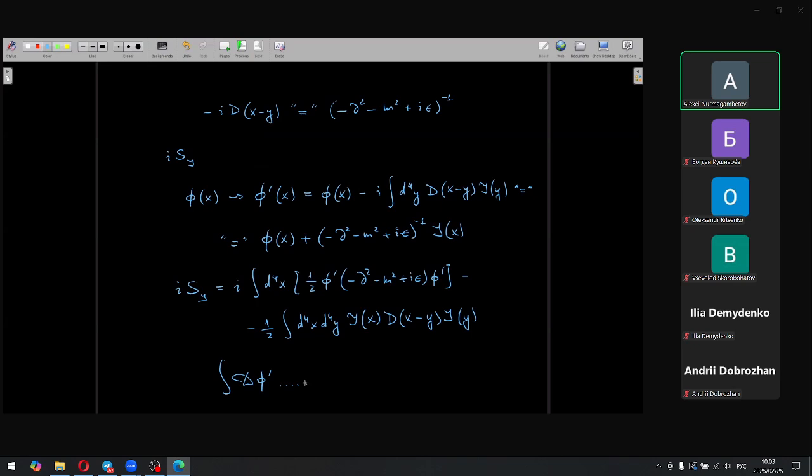So in the free field case, the generating function becomes as follows. We have double V 0. The 0 is the indication of the absence of self-interactions of our scalar fields, so this is an indication that we're talking about a free scalar field.